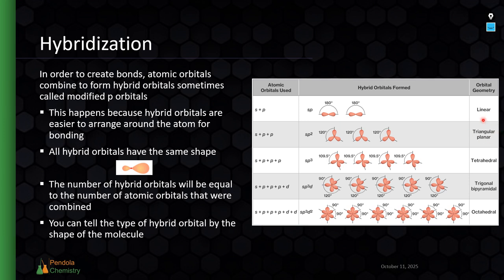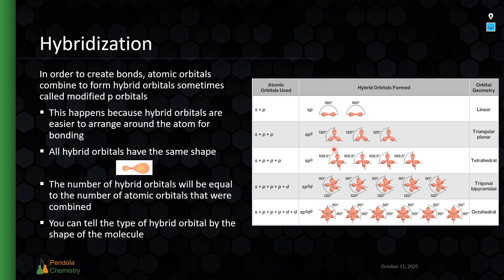Trigonal planar is going to form by sp2 orbitals by combining s and 2p orbitals to form these 120 degree shapes. Each one of these lobes, by the way, is an orbital, not the whole thing. So this is just showing you that there's three, but only one of these lobes is that orbital. sp3 is formed by tetrahedrals, sp3d by trigonal bipyramidals, and sp3d2 by octahedrals.